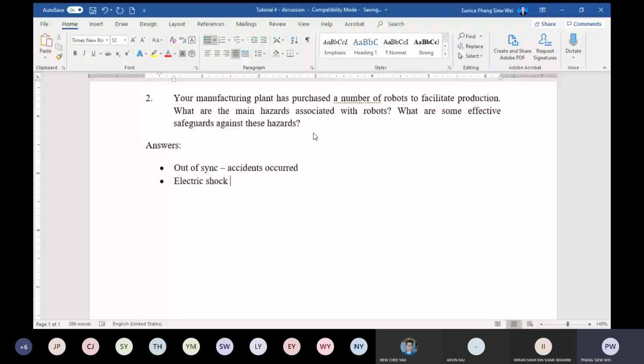What about this one? If humans are in the way, they might get injured. If humans are in the proximity of the robots, they might get injured. Honestly speaking, do you think if we are surrounded by robots, we'll get injured?